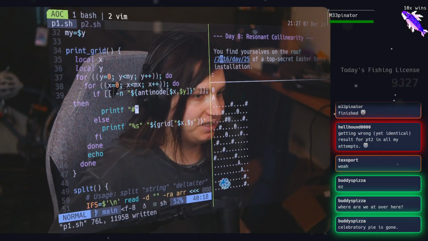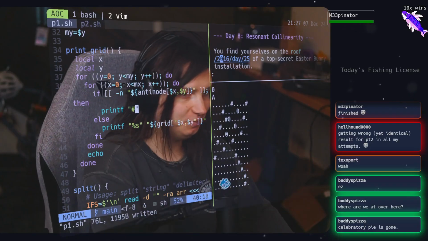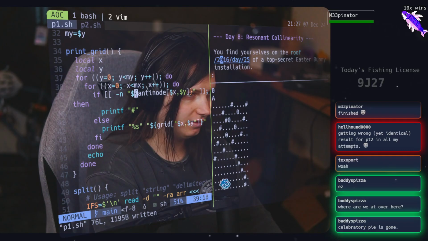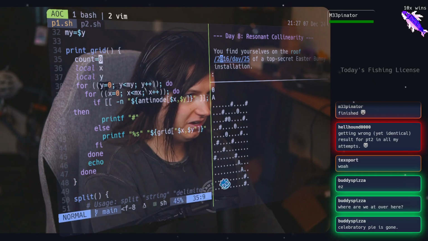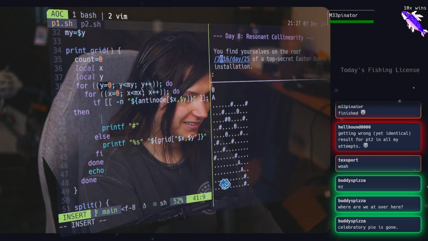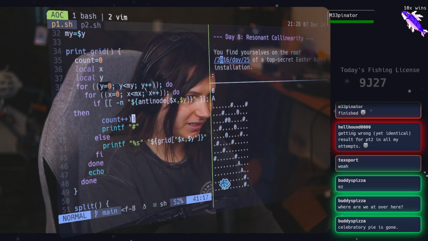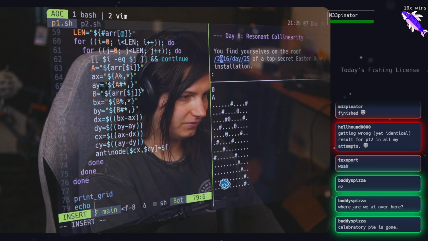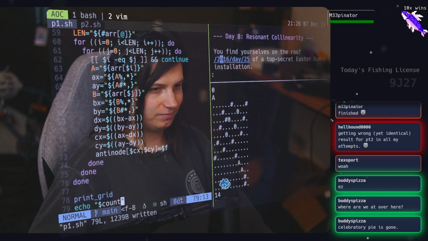Actually, I'm going to use my printing function to count because that's just base. Count equals 0. Count plus plus. Echo count. 14.